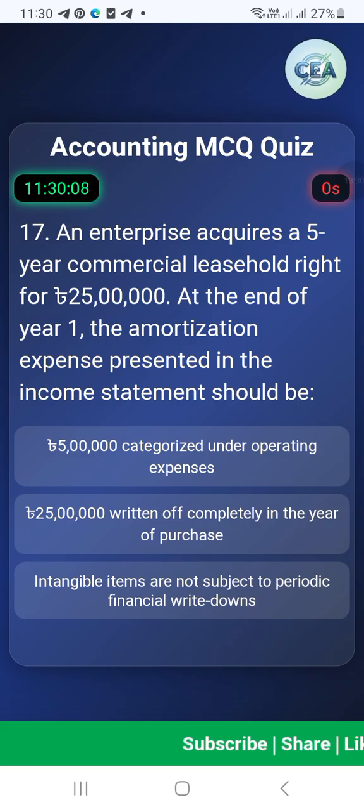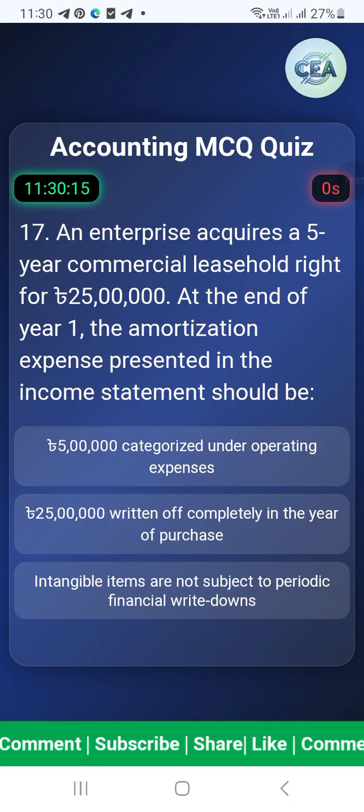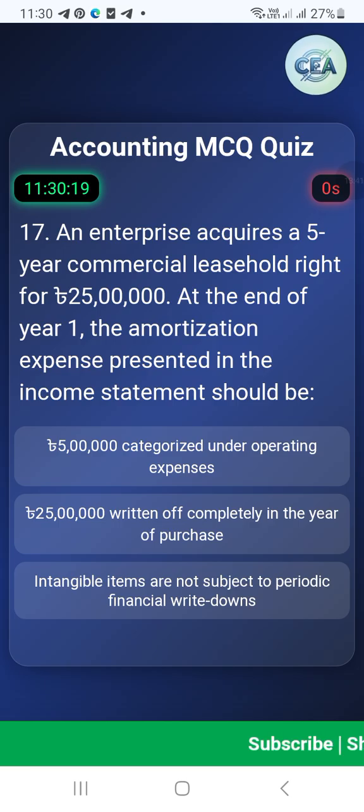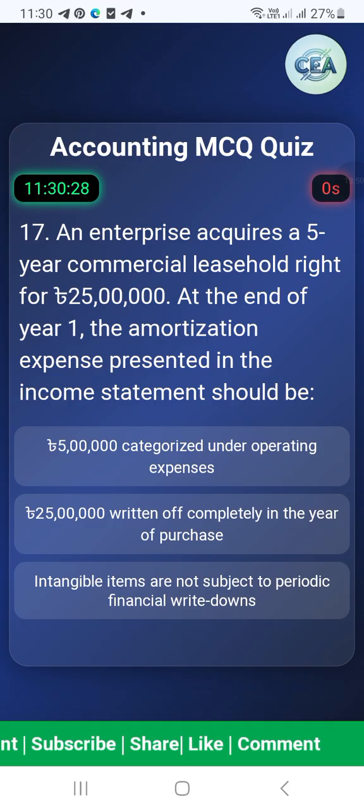17. An enterprise acquires a 5-year commercial leasehold right for 2,500,000 takas. At the end of year 1, the amortization expense presented in the income statement should be Option 1. 500,000 takas categorized under operating expenses.